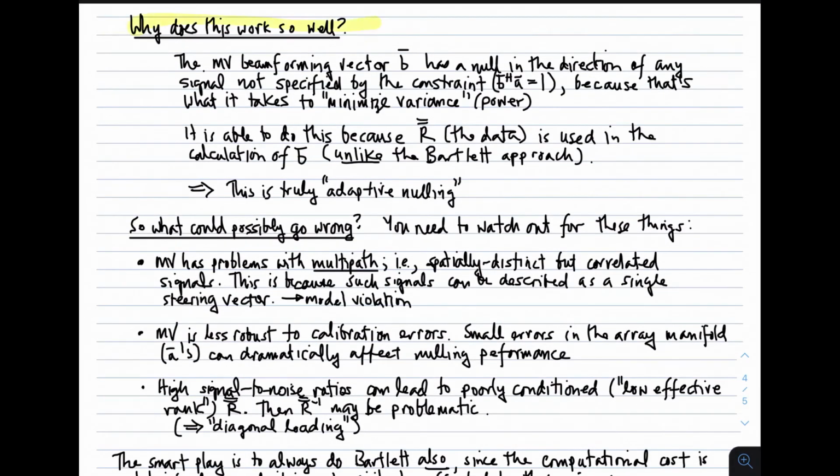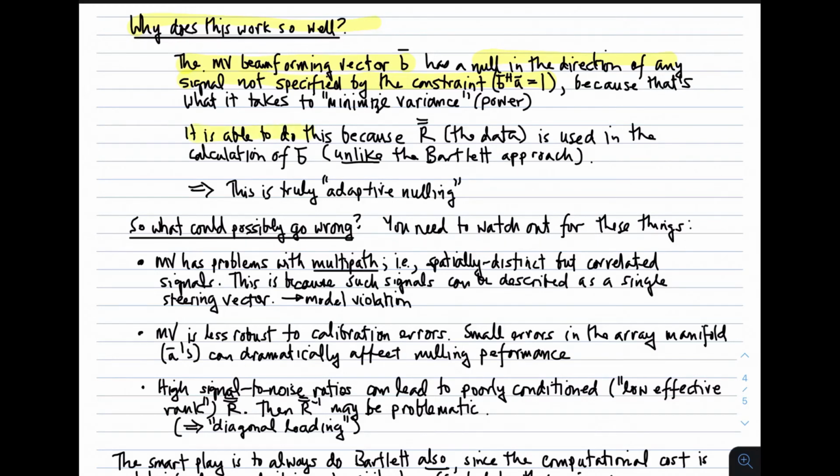So why does this work so well? Well, the MV beamforming vector, that is B, has a null in the direction of any signal not specified by the constraint, because that's what it takes to minimize the variance as we requested in the problem statement. So how does it know to put a null in the direction of any signal that is not currently of interest?